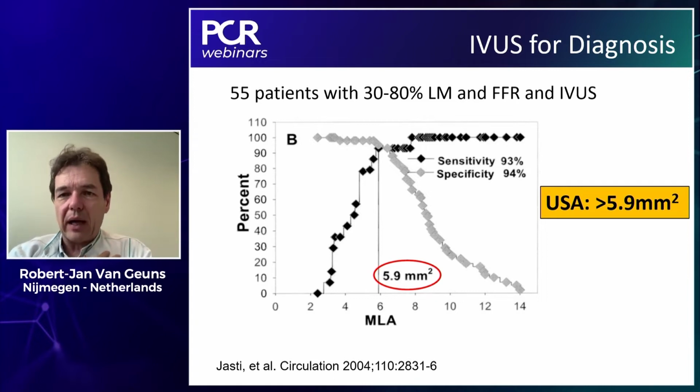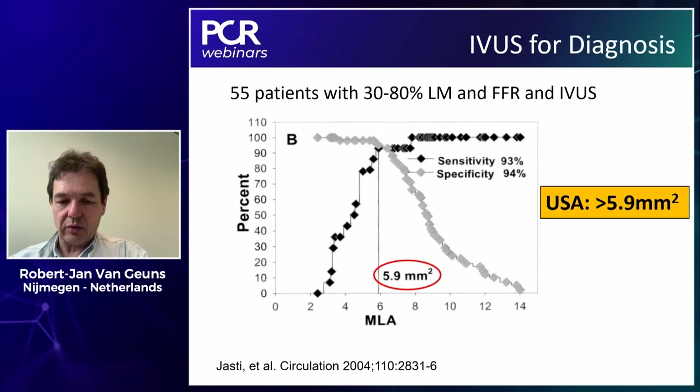What do we know from IVUS for decisions on left main disease? The literature is a bit more confusing. There's IVUS data on left main from 2004, done in the US, where you could see that, correlated to FFR, an MLA of 0.59 would be pretty predictive of having a significant FFR or not.